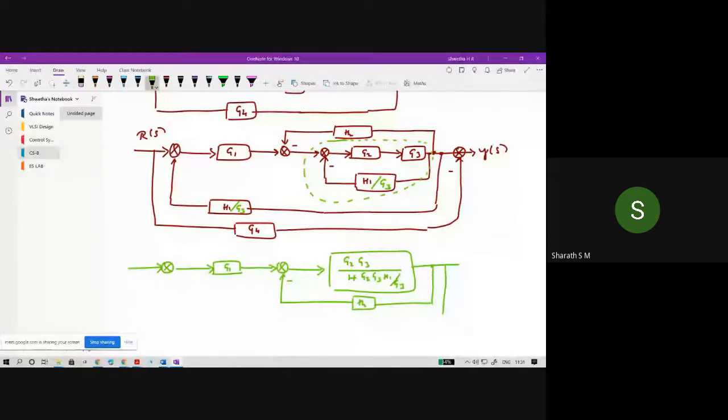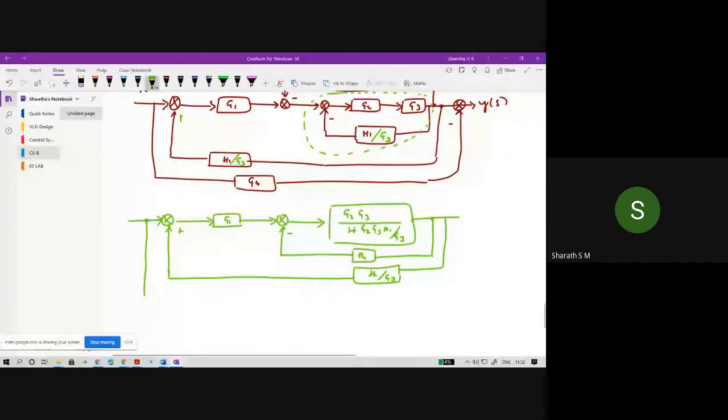Then here we have H1 divided by G3, acting as a negative. So that's a positive feedback. And this one is a negative.